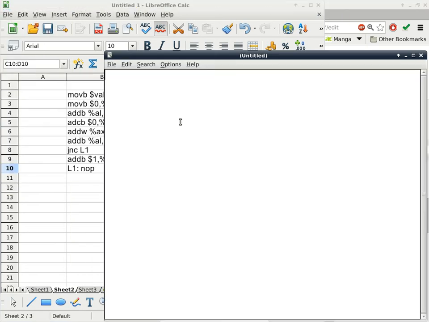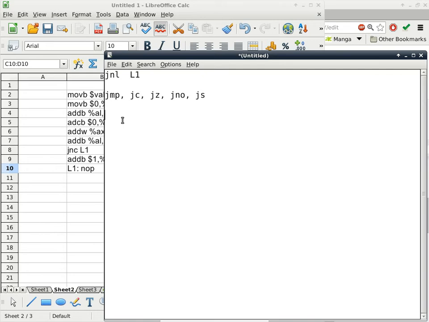Alright, so in this case you have to implement JNL L1, and in my particular question I can use JMP, JC, JZ, JNO, and JS. Those are the instructions that I can use, and I want to implement this particular instruction. The first question you want to ask is, what exactly is JNL?